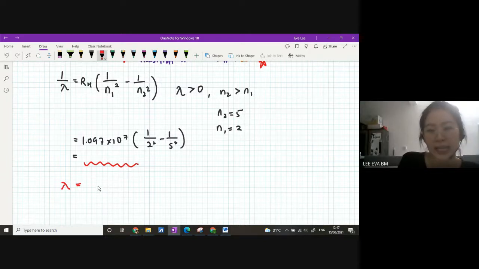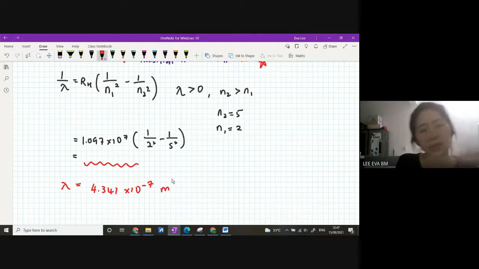So for your final answer, since the question didn't request nanometer or meter, you can just leave your answer in meter, because the question didn't ask. Actually you can leave it in meter. Converting to nanometer is also no problem, because the question doesn't mention it.